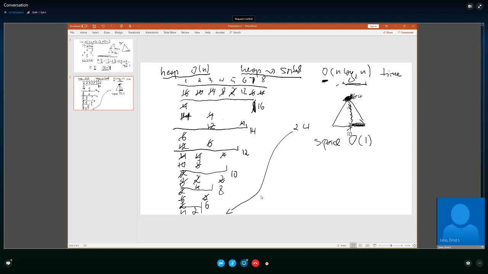In each step, to go down to the next level, we may have to do a flip. In fact, we did have to do a flip. We had 4, so we put the 4 there, and that was then compared with 10 and 14, and so the 14 was replaced by 4.